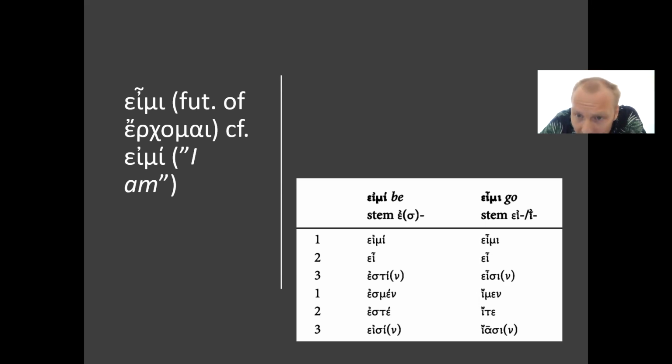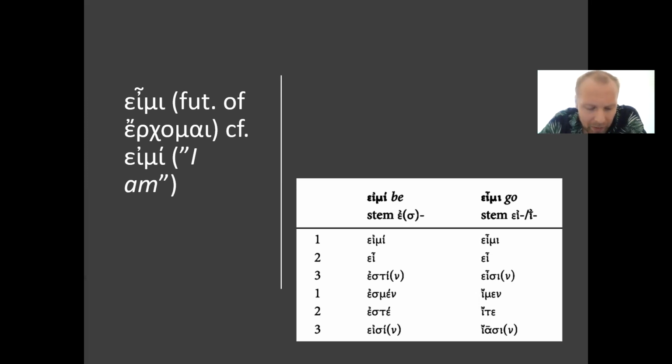But then they can be distinguished from each other by looking at the accent. So it's a circumflex, as you can see on the right side, and then an acute accent on the last syllable on the left side.